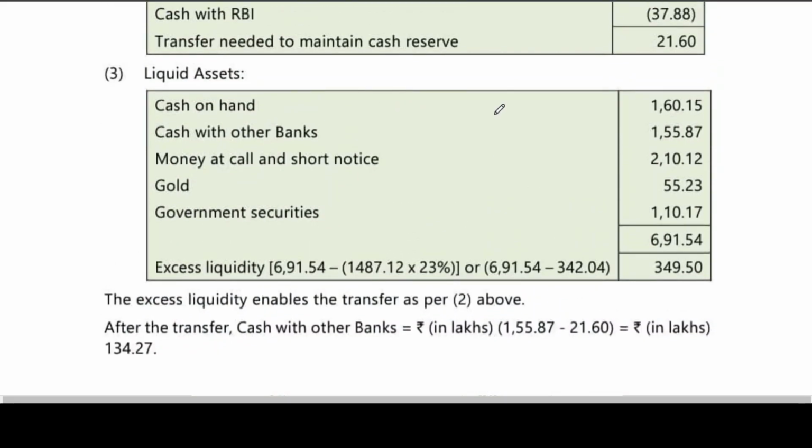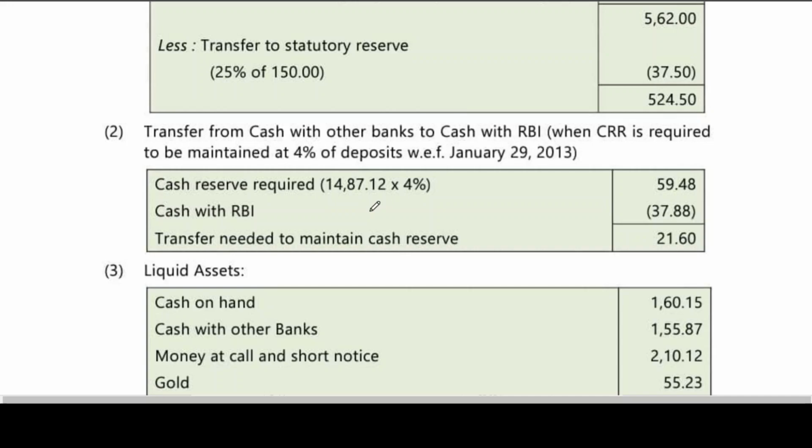Okay, come back to this. So cash reserve required is on deposits. It is coming to 1487.12. We have seen deposits with savings bank, current account, fixed deposit. After calculating, you are getting 59.48. Is this clear? Cash with RBI is 37.88. Now the transfer needed to be maintained is 21.60. This 21.60 you are transferring from other banks.